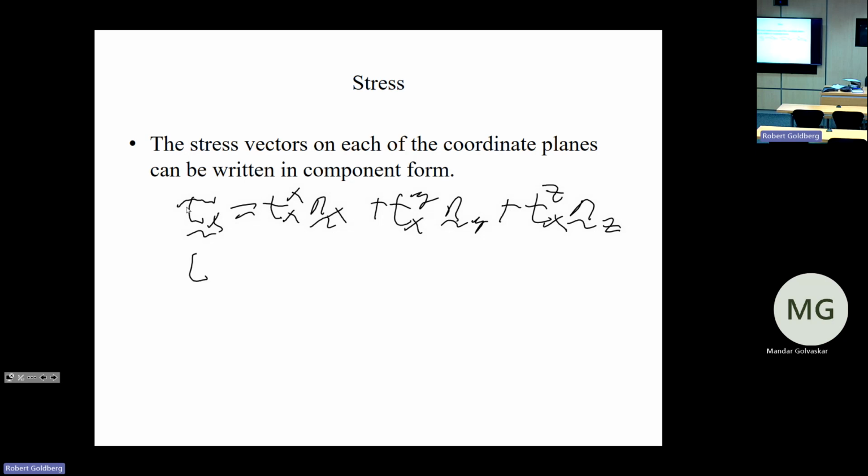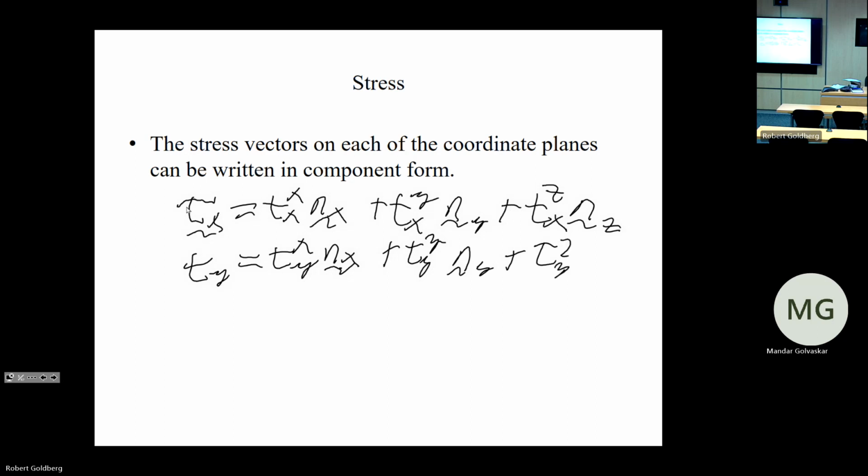And the same way for the traction vector on the plane perpendicular to the y-axis, we can write it in a similar way with its x component, its y component, and its z component.